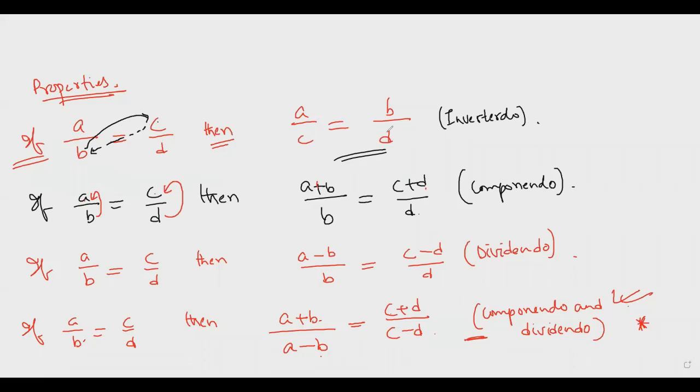Okay, componendo and dividendo is the most important, right? Here, suppose it is given that A by B is equal to 2 by 3.